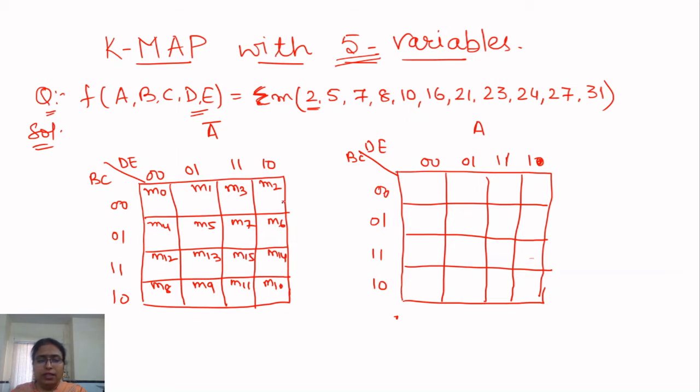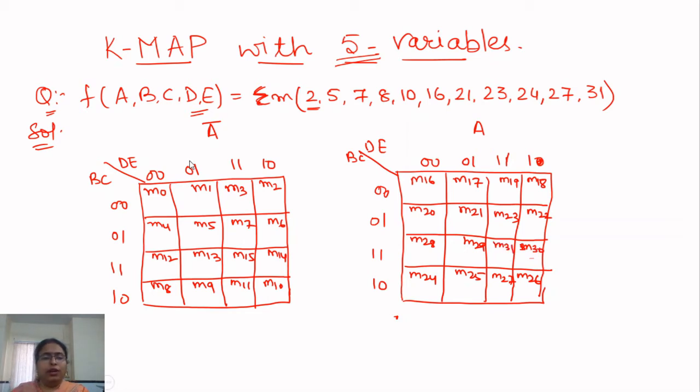So the first 16 cells or terms will be seen by this first K-map. Then comes M16, M17, M18, M19, M20, M21, M22, M23, M24, M25, M26, M27, M28, M29, M30 and M31, right?